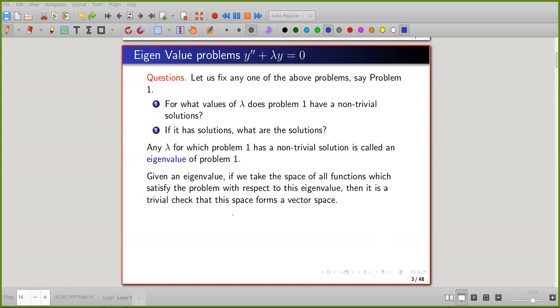So let's recall problem 1 is y double prime plus lambda y is equal to 0. Suppose we have two functions y1 and y2 which satisfy these conditions, where lambda is fixed.